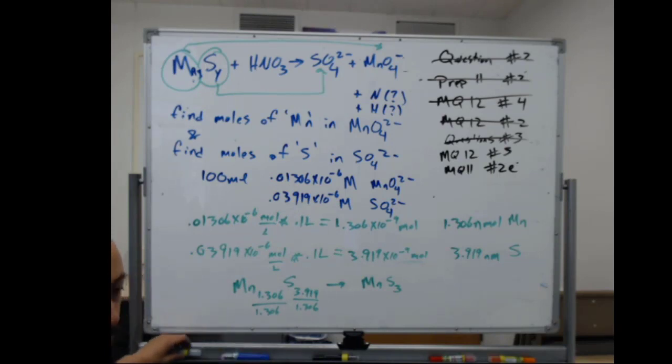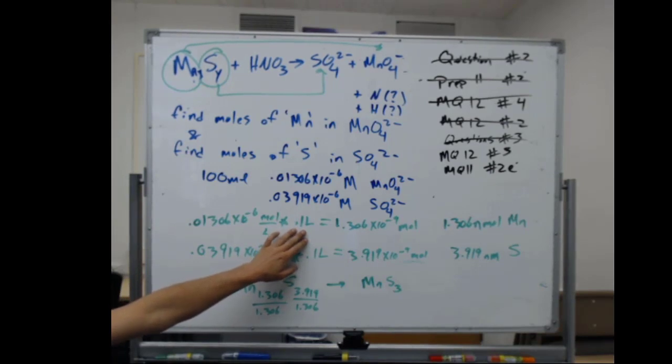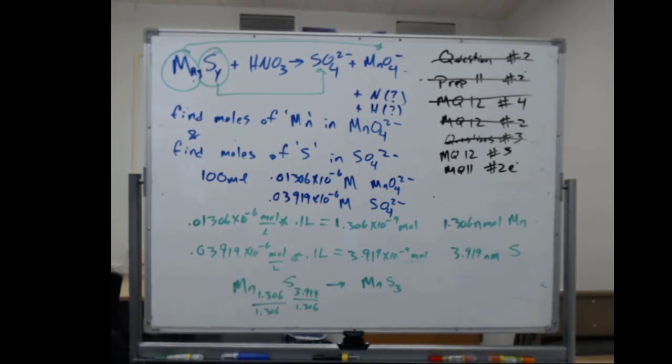Sorry if that was too quick, but I wanted to get away from the micromolarity as quickly as possible. Same thing here, I converted the milliliters to liters in my head, I didn't explicitly write it down.